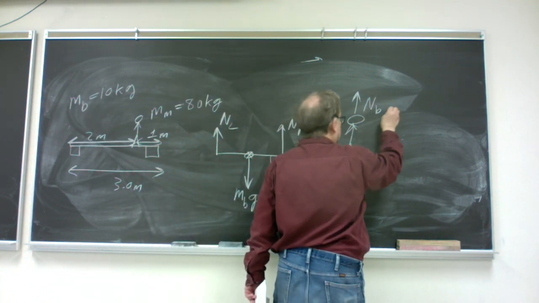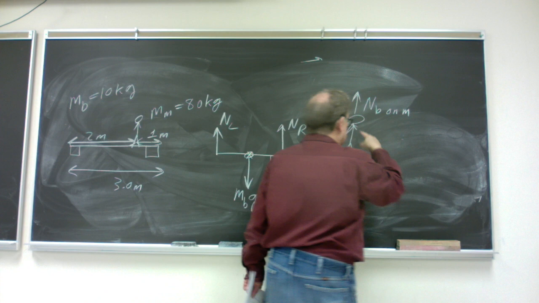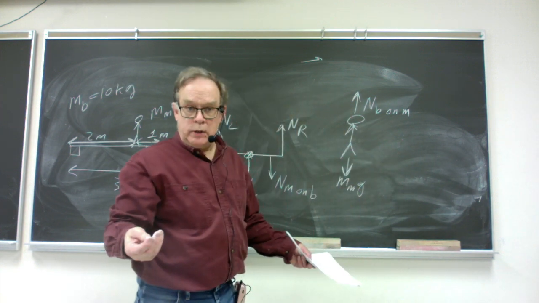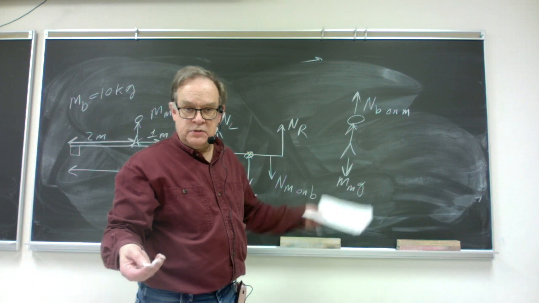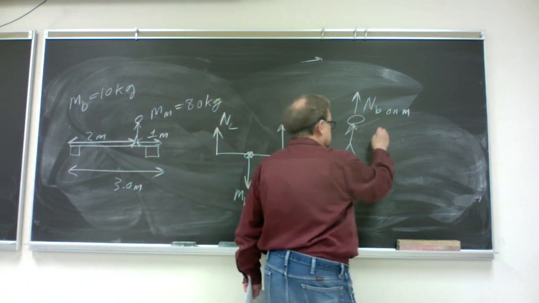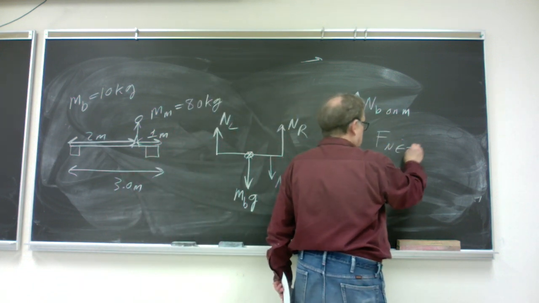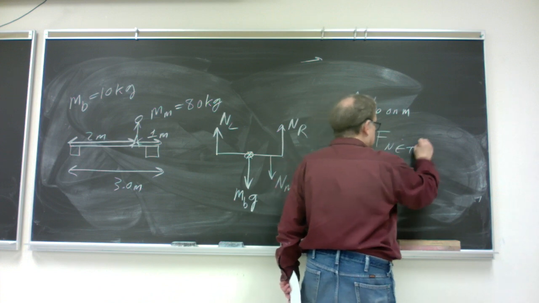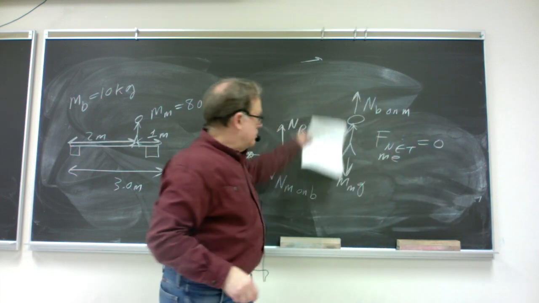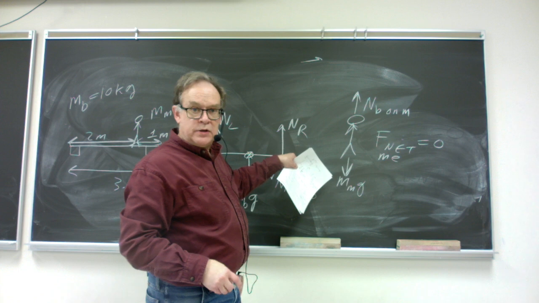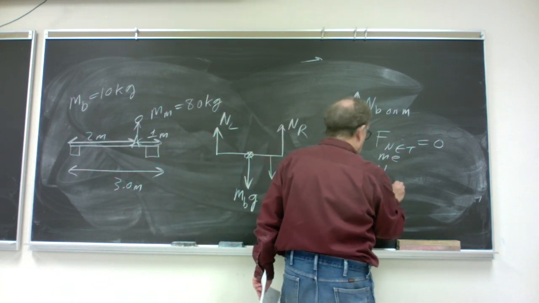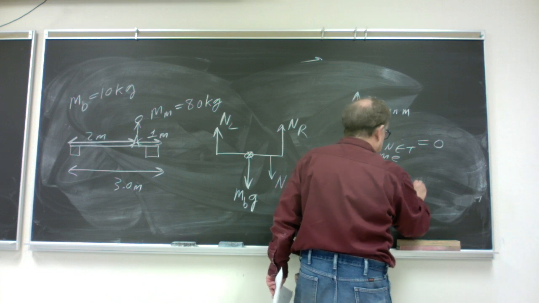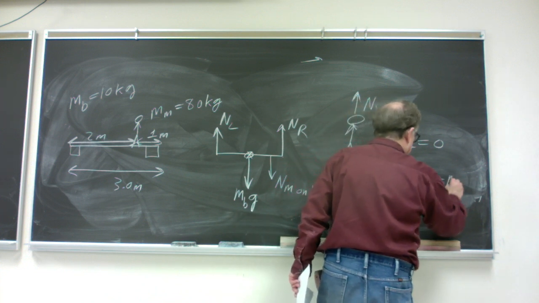And since I'm in equilibrium, I have 0 acceleration and the net force is 0, which means those two forces have to be the same strength so that they can cancel each other out. Normal force from the board on me equals my weight.